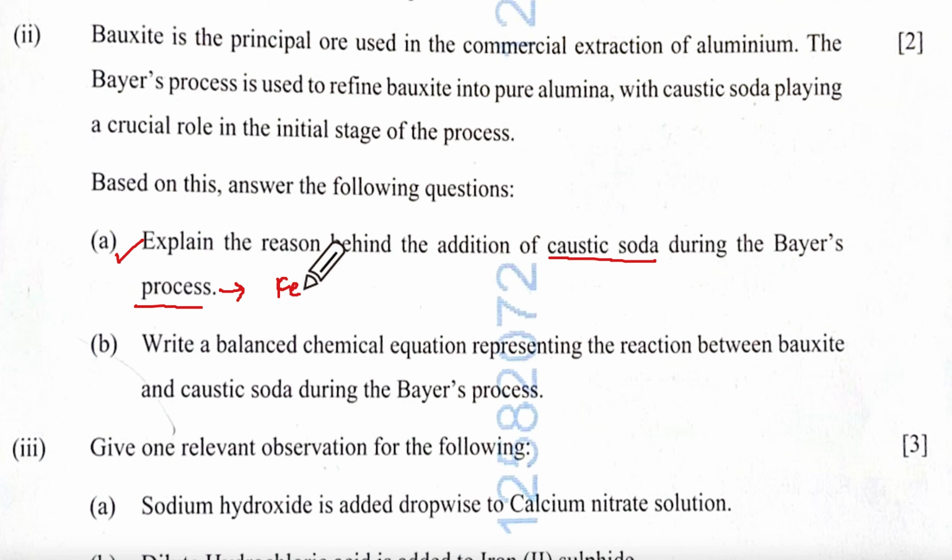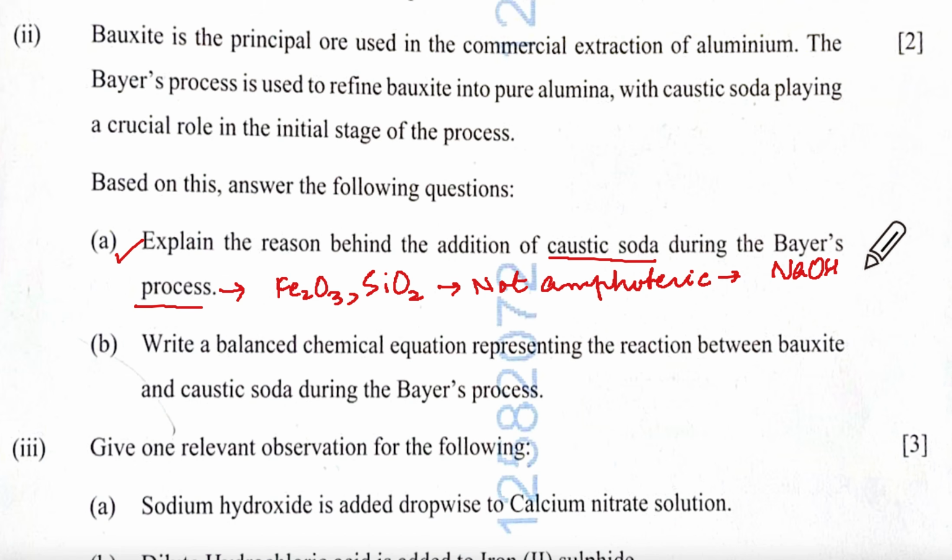What are the impurities? Fe2O3 and SiO2. These are not amphoteric, and therefore they cannot dissolve in concentrated NaOH solution. So they settle down, whereas Al2O3, being amphoteric, will be dissolving.